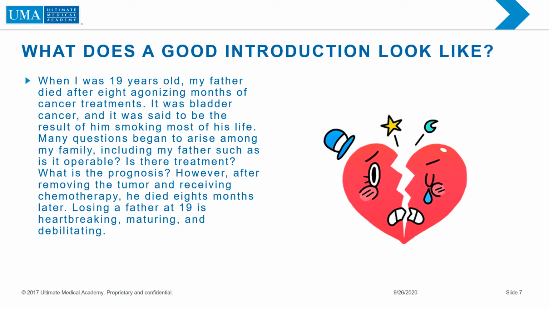So again, we go from broad, or a general statement, my father died after 8 agonizing months of cancer treatment, to giving a little bit of background information. What was the cause? What kind was it? What questions were there? To a more specific thesis statement as to what I'm actually going to talk about.